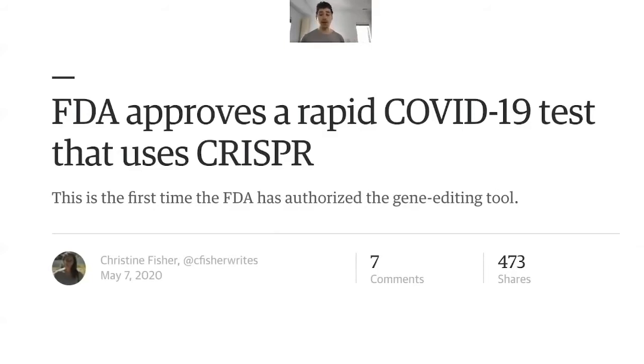This is the first emergency use authorization or FDA authorization of any use of CRISPR, using the Sherlock platform for detection of COVID.